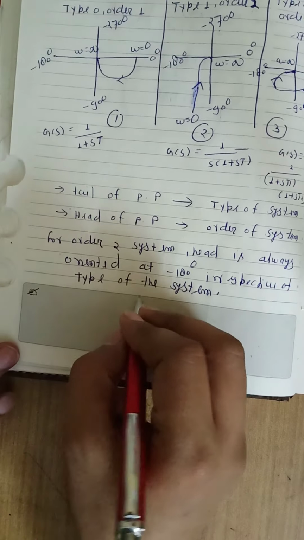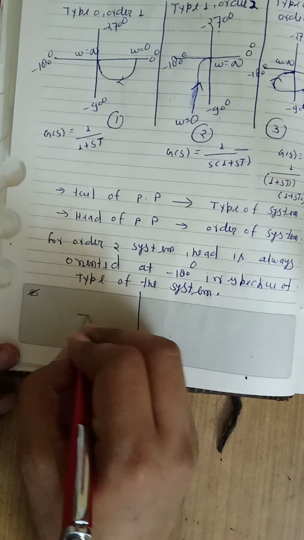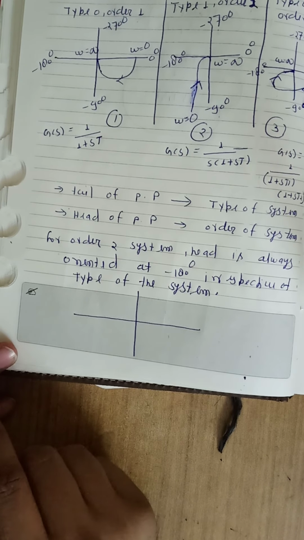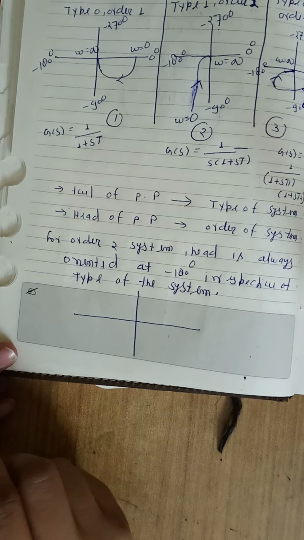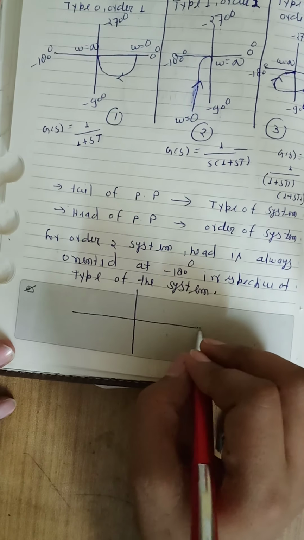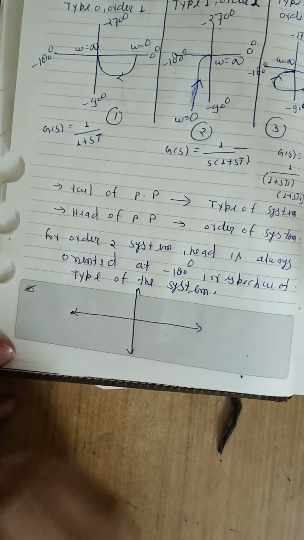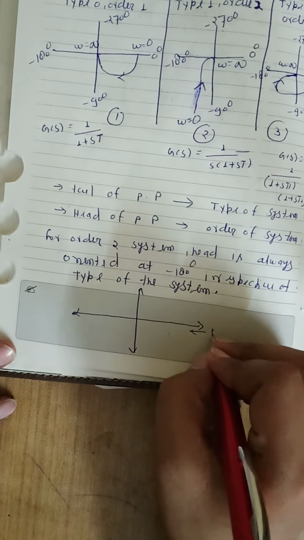Now let us see the conclusion according to the quadrants. So based on the type and order of the system, we can draw the polar plot in different quadrants. This is for type 0 system.